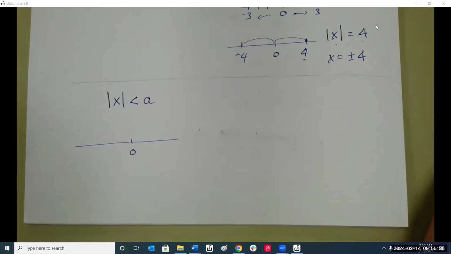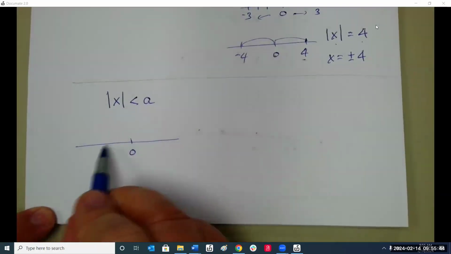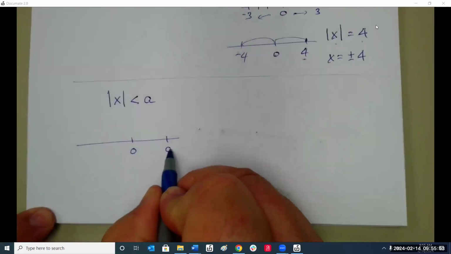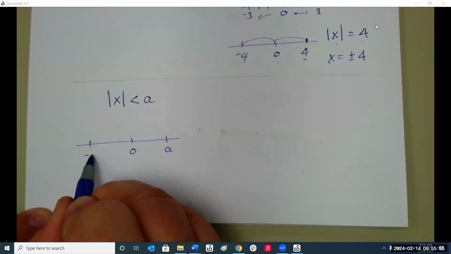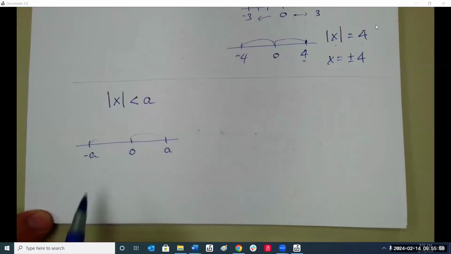Remember what I said last time: when you solve absolute value equations, treat it like an equal sign. So what would be my numbers here? A or negative A? Because that's how far it is from zero.